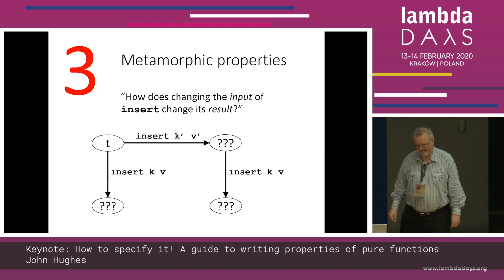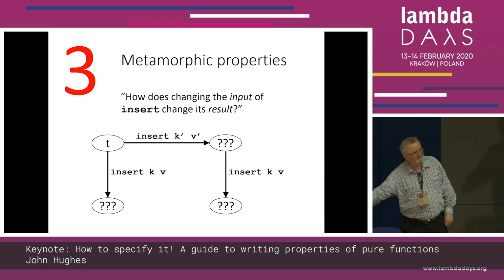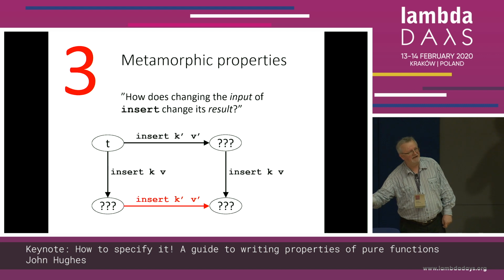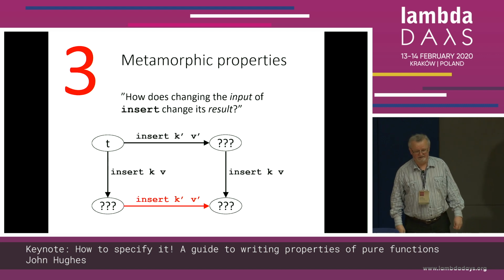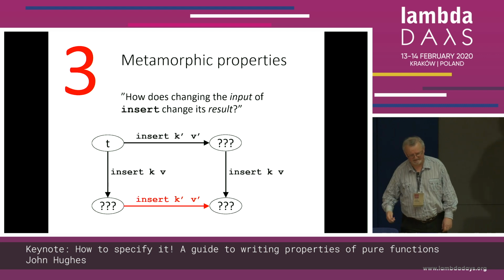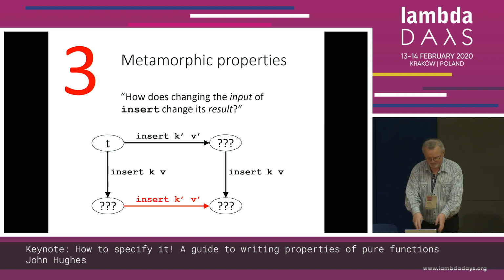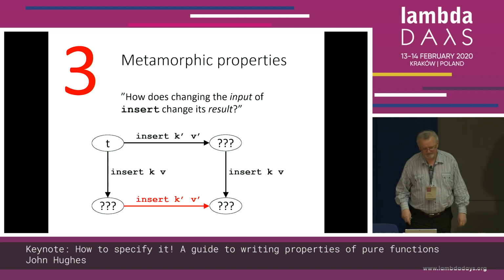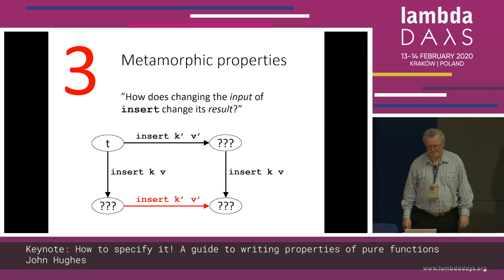Well, we don't know what either tree will be, but the one on the right should contain k prime and v prime as well as what the one on the left does. In other words, I should be able to construct the one on the right just by repeating the insertion of k prime and v prime. So this is an example of a commuting diagram, and I'm going to write a property that just tests that both paths around the square produce the same result.